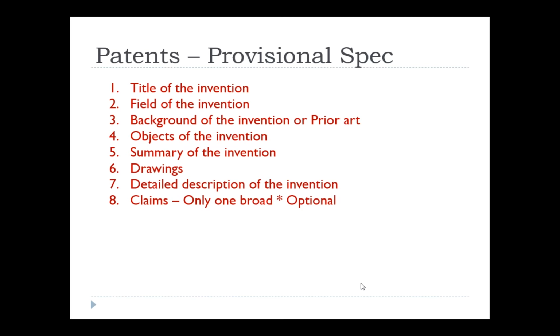We cannot give a title as such, even it has restrictions. I'll give some glimpse while proceeding towards complete specification. And second one is field of invention. And third one, background of the invention, also stated as prior art, or you can write both background of the invention and prior art for a provisional specification.